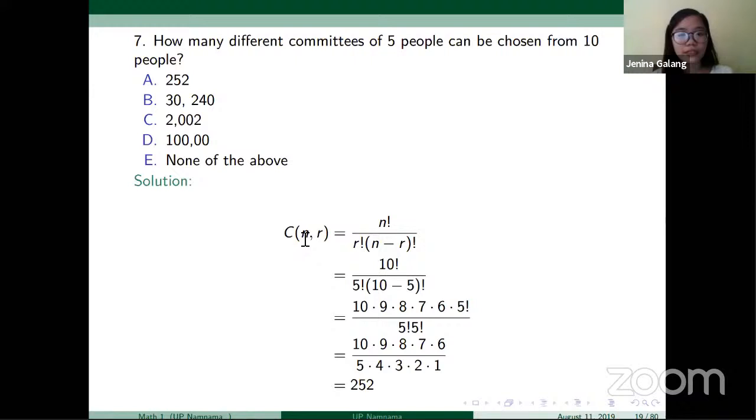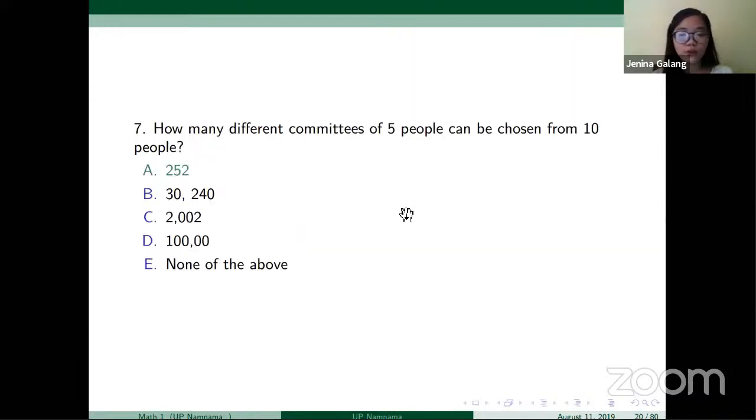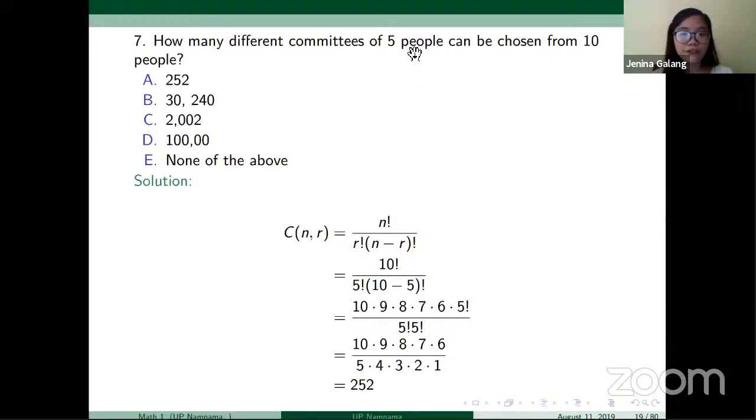where n distinct objects taken r at a time is equal to n factorial over r factorial times n minus r factorial. So, substitute natin yung n natin which is 10 and yung kukunin natin ay 5 people. So, yung r natin is 5.